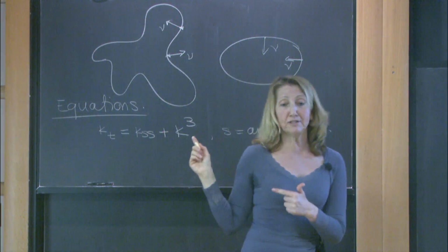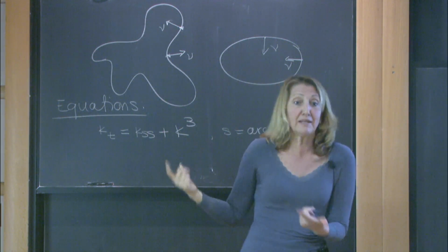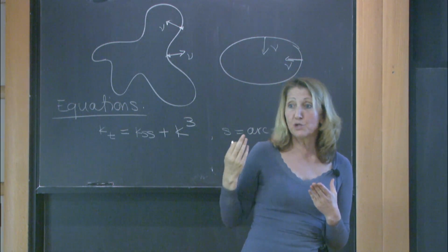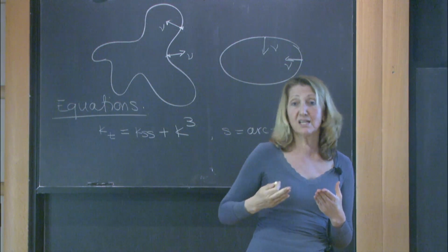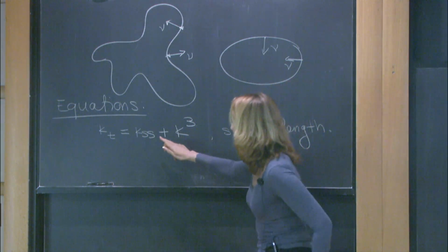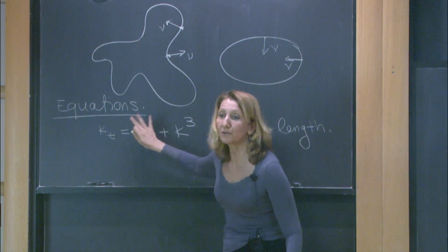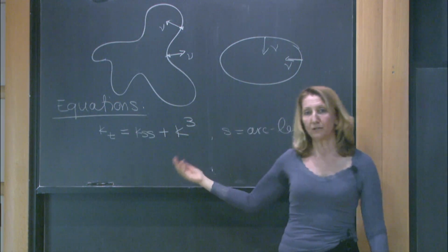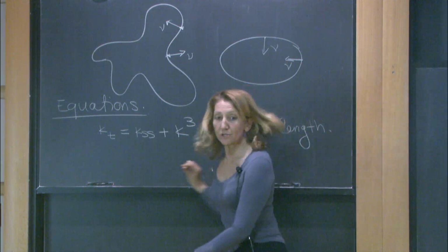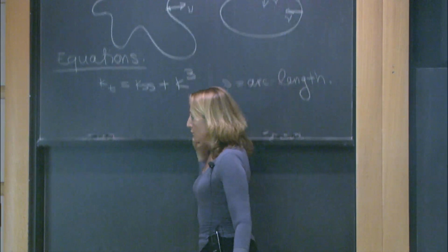So this is not an independent variable depending on time and space. It is a geometric quantity that changes as the curve changes. So this is somehow the Laplace-Beltrami operator with respect to arc length.